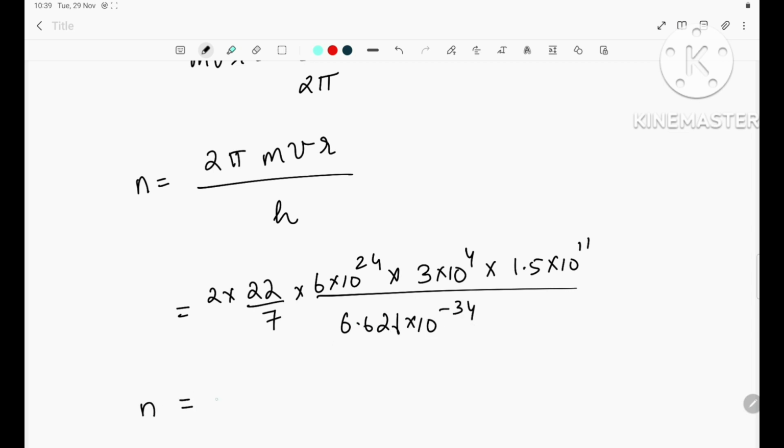So when you calculate, you are getting n is equal to 2.57 into 10 to the power of 74. Okay, so you can see what a large number you are getting if the Earth's orbit was supposed to be quantized like the Bohr's model.